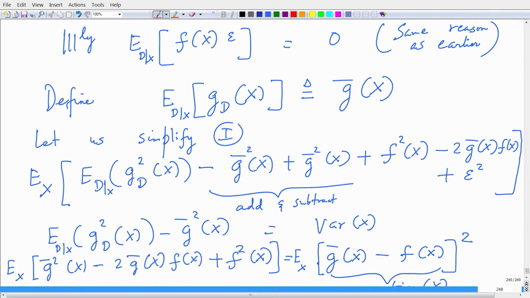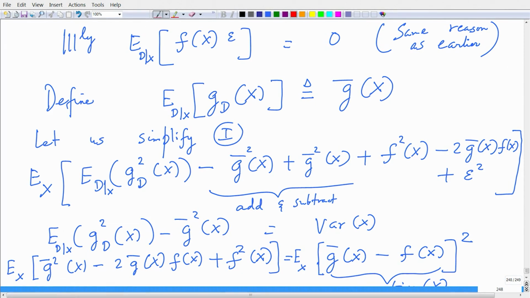So what I do is I have the expectation over D given x of g_D square x, I add and subtract this quantity which is g bar of x, right. This is basically averaged over the data points given x. Now I simplify from my quantities that I computed earlier, those terms that were 0 I just ignore them, and I am left with these terms, which is f square x, minus 2 times g bar x f x with a negative sign, and then epsilon square with a positive sign here.